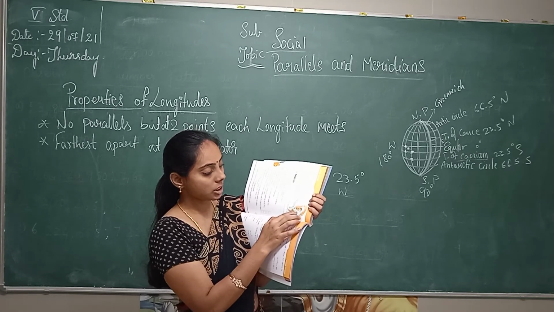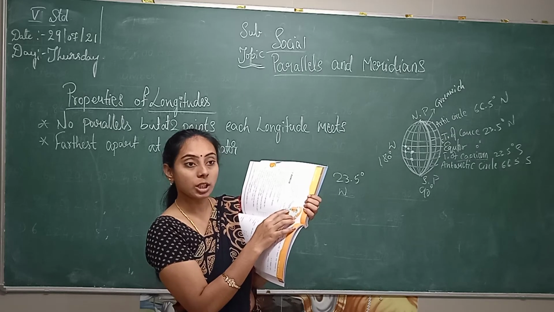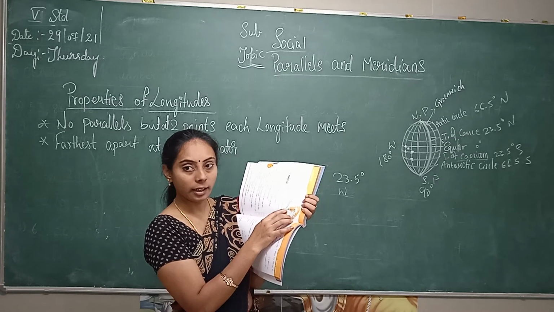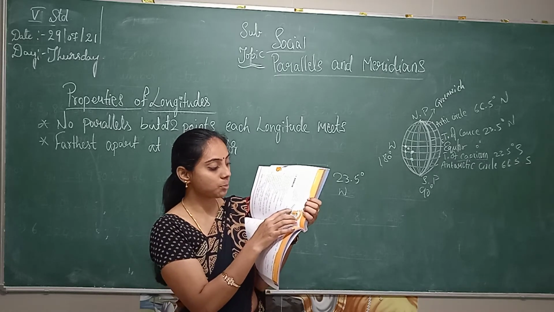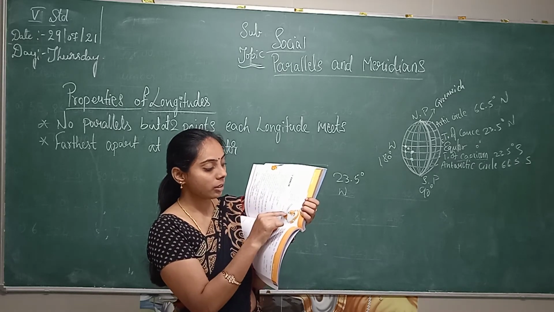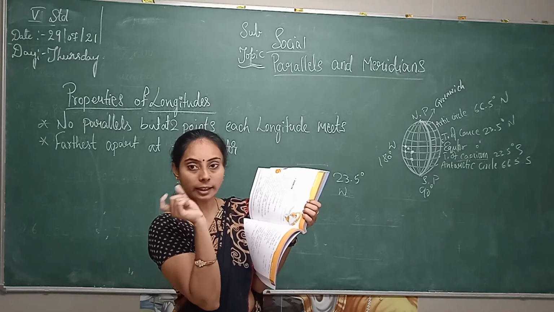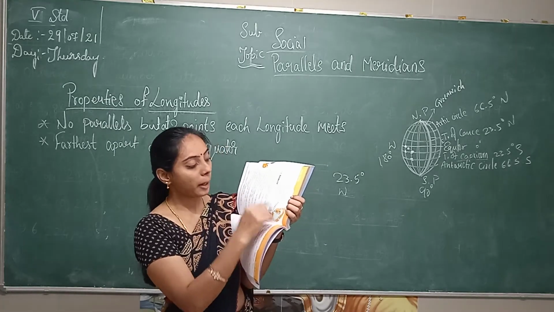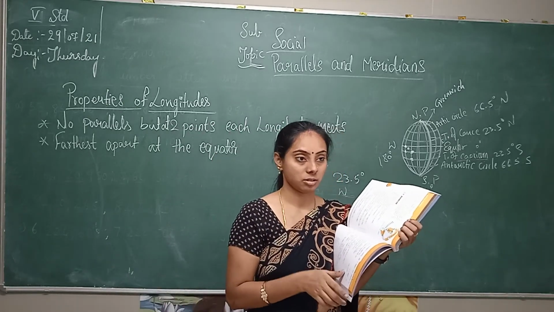After 100, what came? 0 degree. Then what is the difference between each grid? From 0 to 100, the difference is 100 degrees, but for the next grids, the difference is 10 degrees.